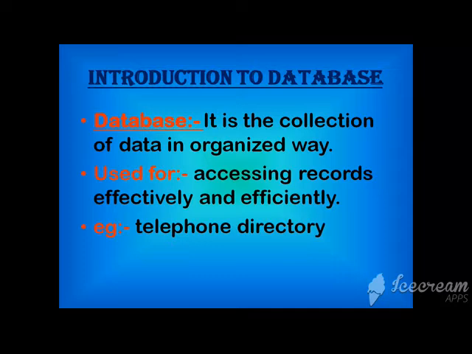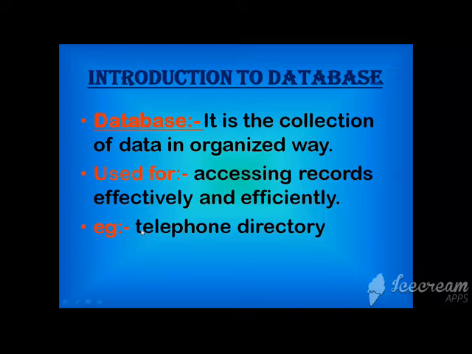Now what is the advantage? What is it used for? Accessing records in an effective and efficient manner, right? Suppose you randomly come to me and ask, ma'am, give me the record of 8th roll number. So quickly I can go to the 8th roll number, find out all the details and give you. Fine. But if I had written randomly in a haphazard manner, I would not be able to.